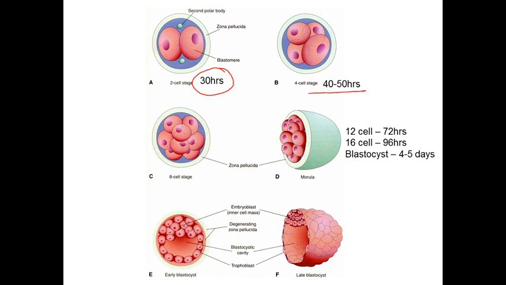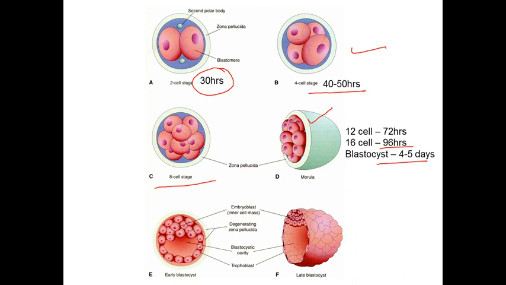By 40 to 50 hours we see the 4 cell stage, by 72 hours the 12 cell stage, and by 96 hours the 16 cell stage. All these cells are held together by means of compaction, and externally they are covered by a membranous structure, the zona pellucida.